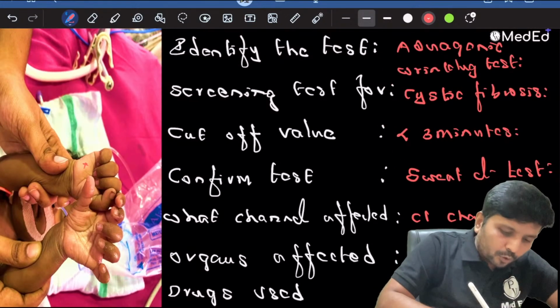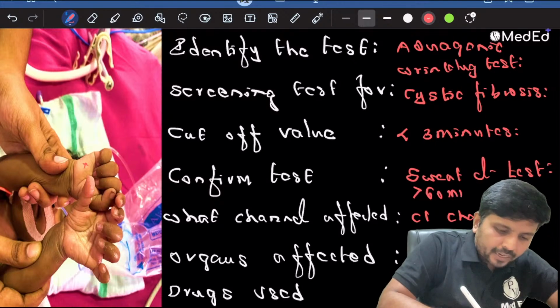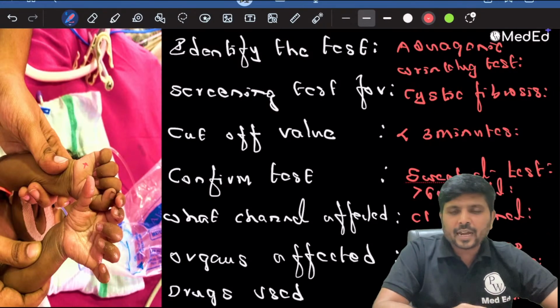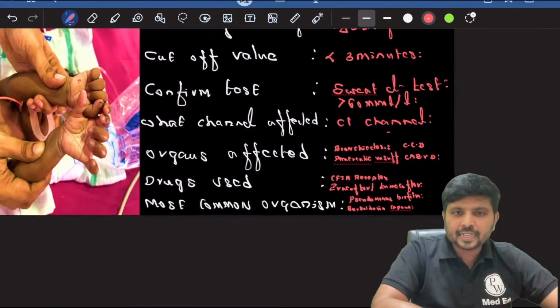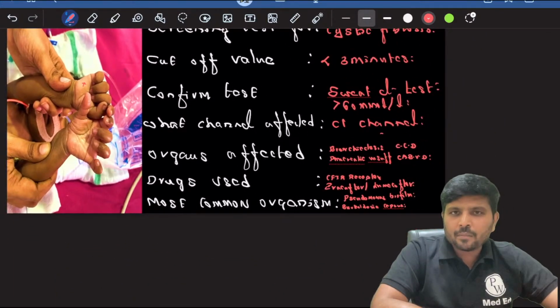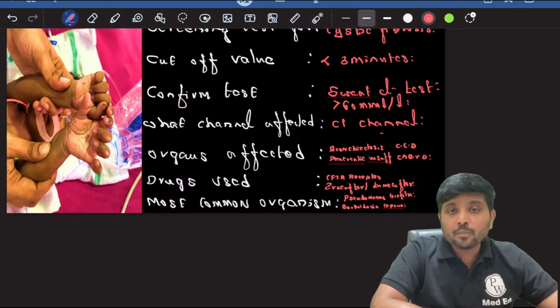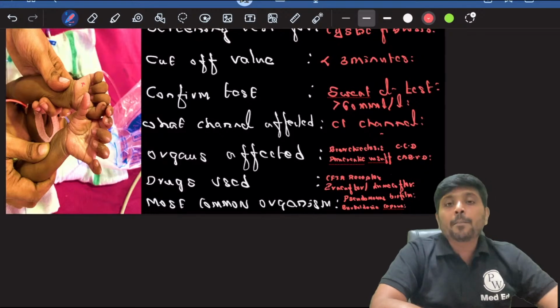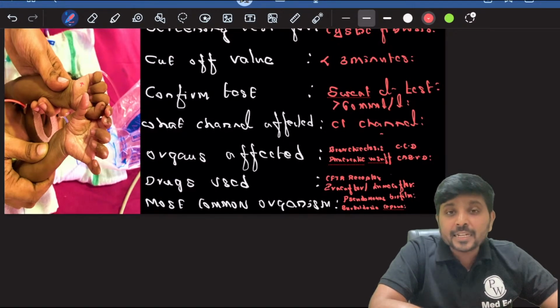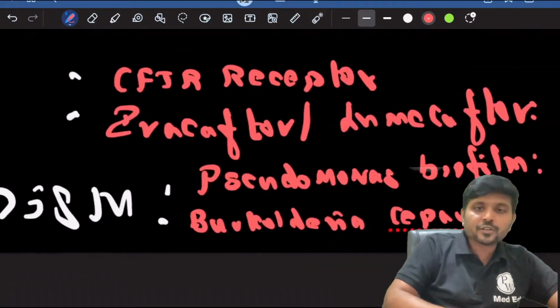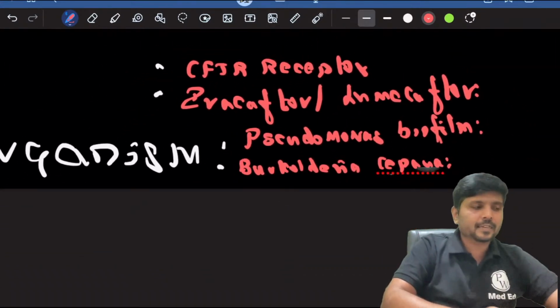Sweat chloride of more than 60 millimole per liter is termed positive. Drugs used are the CFTR modulators. The most common organism is Pseudomonas colonization in the lung, but the organism which can lead to death is Burkholderia cepacia, and the syndrome is called Cepacia syndrome.